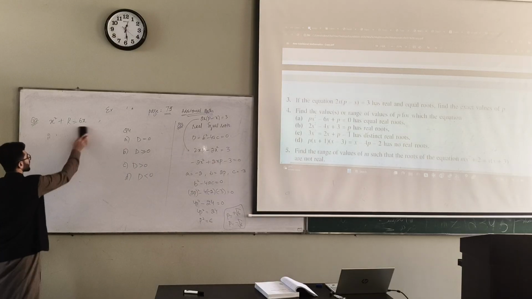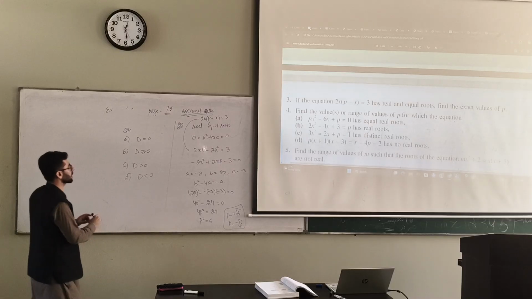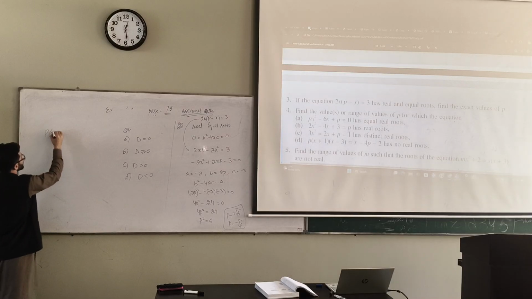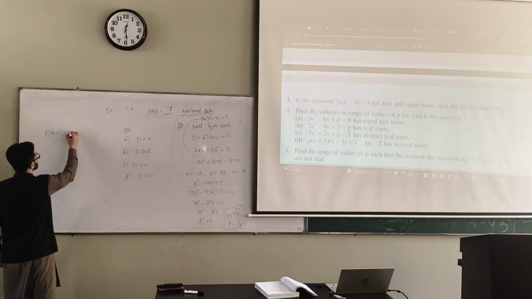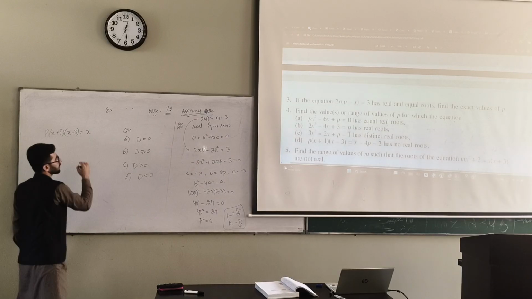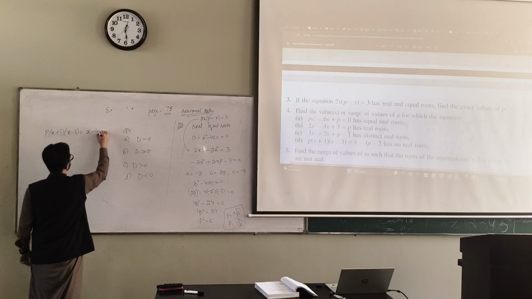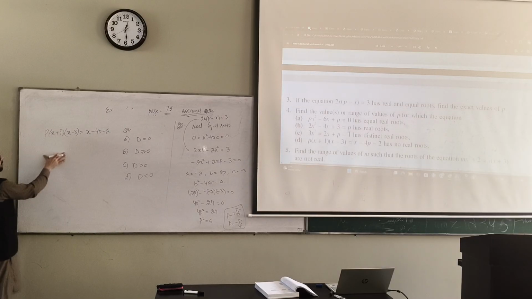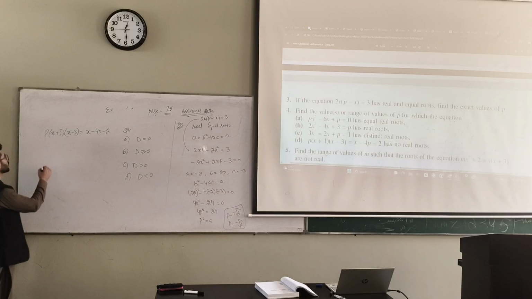The equation says p times x plus 1 times x minus 3 equal to x minus 4p minus 2. So we'll simplify this one. We expand it and simplify it as much as we want.